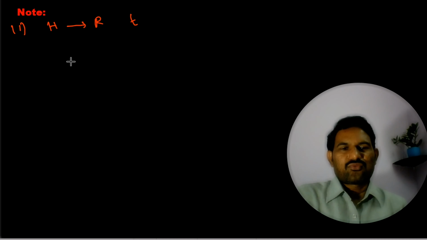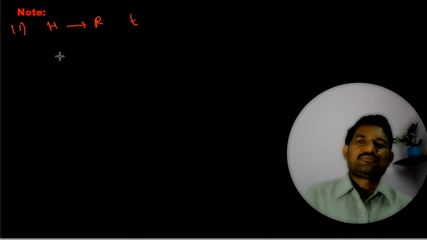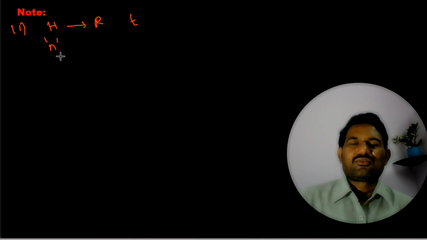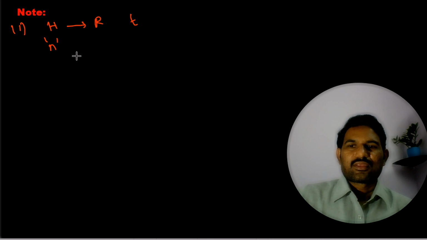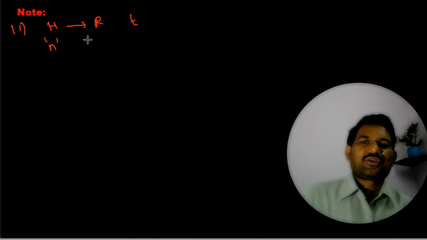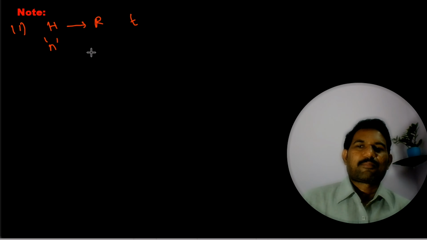Then the total amount of heat energy produced when n such identical resistors are connected in series with the same source is given by... That means for one resistor the amount of heat produced is given here.